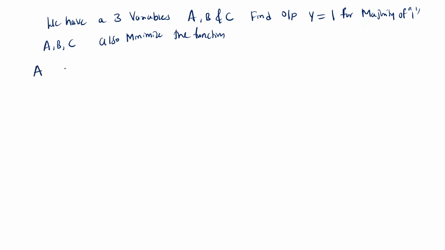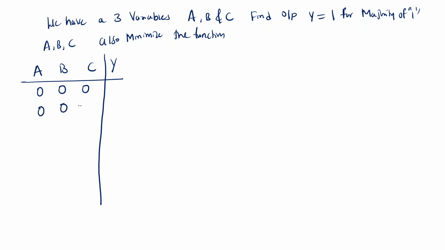Let us take three variables. Three variables means how many combinations will you get? 8 combinations: 0 0 0, 0 0 1, 0 1 0, 0 1 1, 1 0 0, 1 0 1, 1 1 0, and 1 1 1.